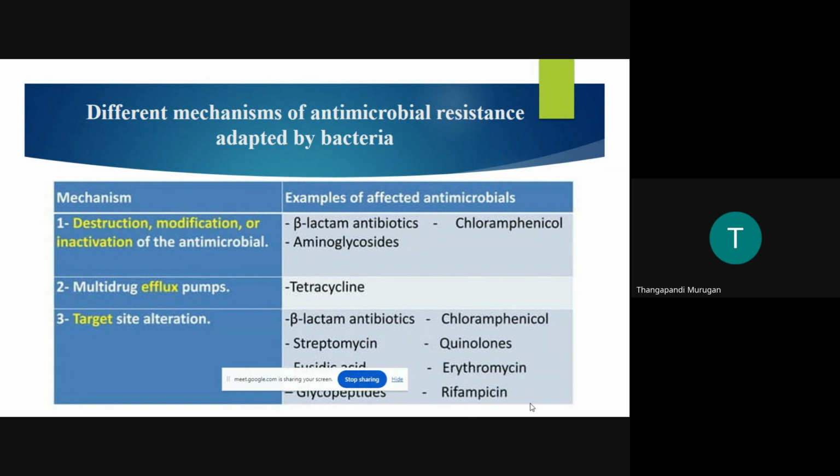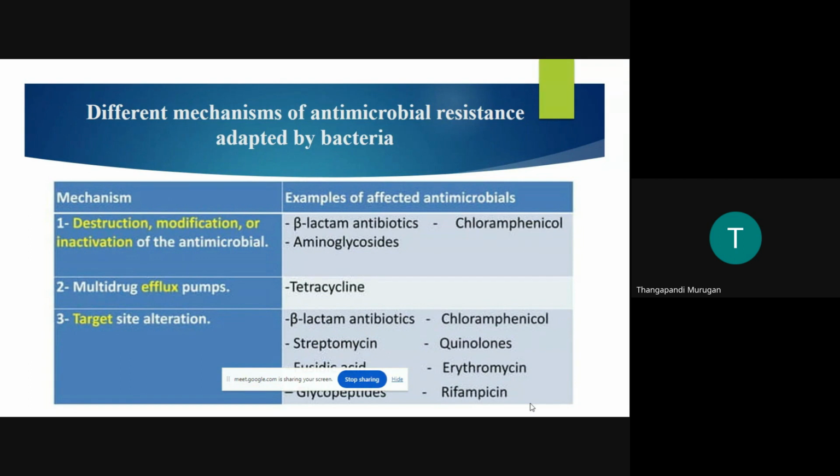Here you can see modification of the drug site, or inactivation of the particular antibiotic. In some microorganisms, it is inactivated by producing the beta-lactamase enzyme. In some others, the efflux pump mechanism is there, for example tetracycline.